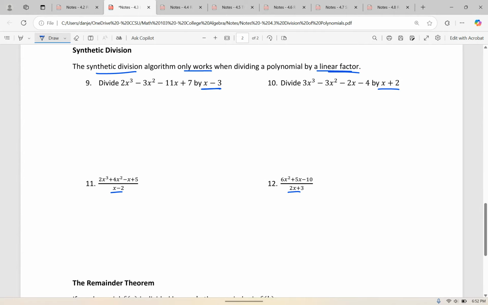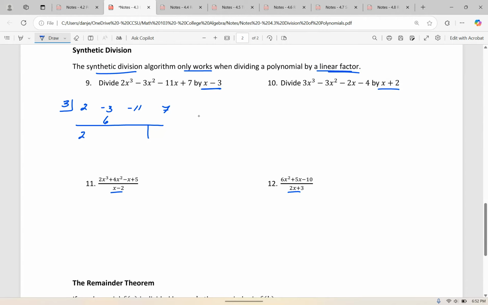X minus 3, I'm dividing by that, so I need a 3 in this little box. And then my coefficients are 2, negative 3, negative 11, and 7. Notice I only need the coefficients. I'm going to leave a little space or a horizontal line, and then a vertical line between the negative 11 and the 7. I bring down the 2. 2 times 3 is 6.